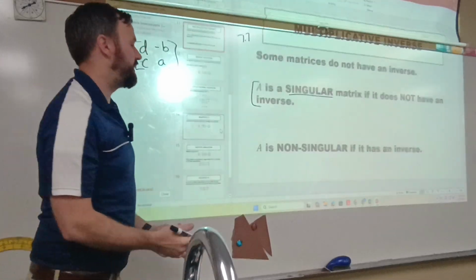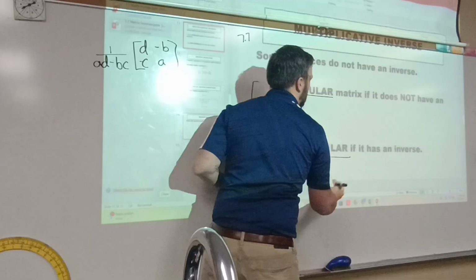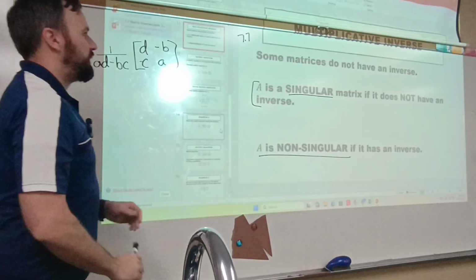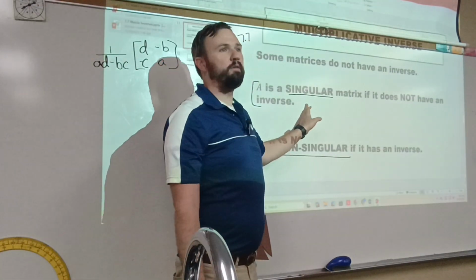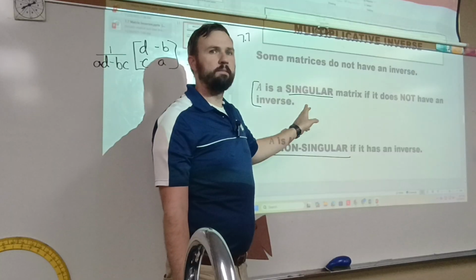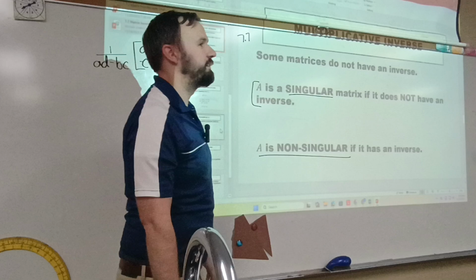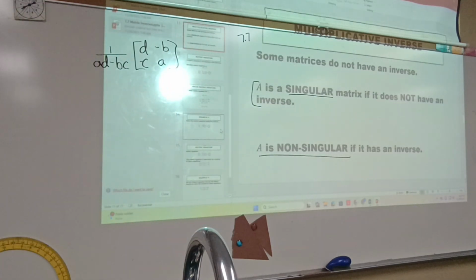That is why. And it is non-singular if it has an inverse. Star those definitions. They might come up. Make sure you understand. So if it asks, is a matrix singular, what would you check for? If there is an inverse. If it's non-singular, you check and see if the inverse works.